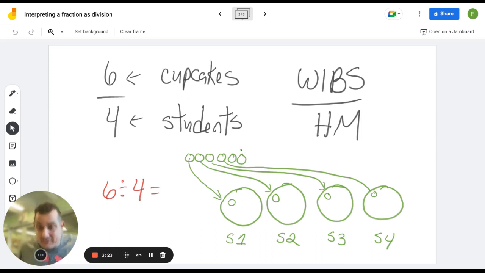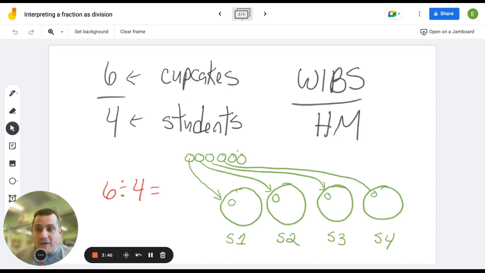And I can't just take one of those cupcakes and give it to one student and then take another cupcake and give it to another student. I can't do that because it's not fair. It's all about sharing equally when I'm dividing.